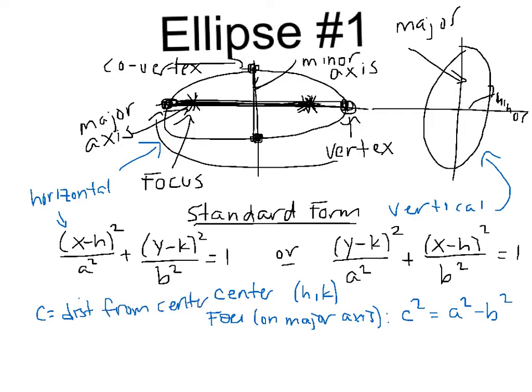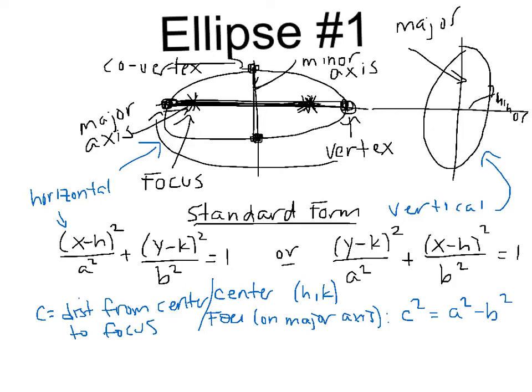So c is the distance from the center to the focus. And we're going to find c by doing c squared equals a squared minus b squared. Remember, a squared is this first number. It's always going to be your bigger number, so you're going to do the bigger bottom minus the smaller bottom, and then you'll take the square root of that in order to get c on its own.